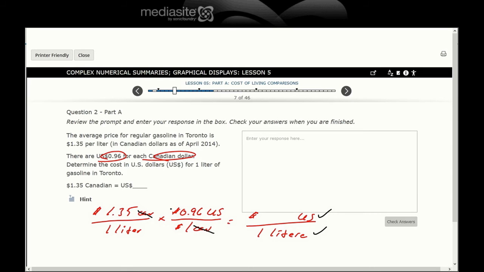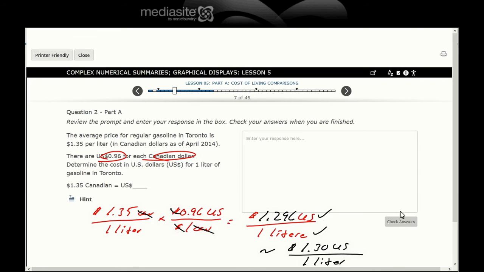Of course, these also cancel. So $1.35 times 0.96 gives me 1.296, or approximately $1.30 US per liter of gasoline.